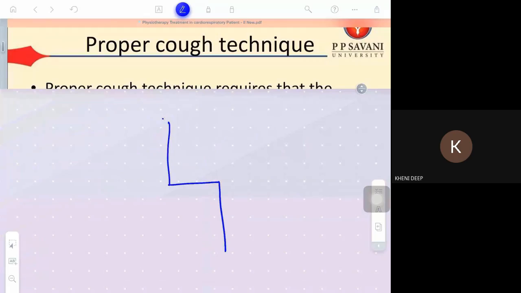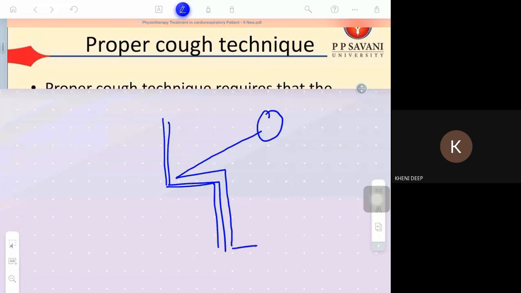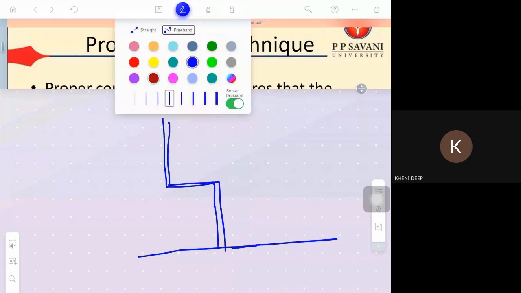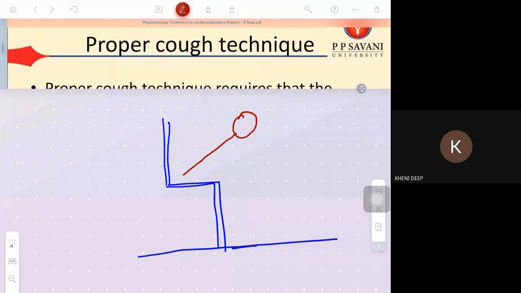This is the chair and the patient is sitting like this and bending forward, and the foot is planted on the floor.